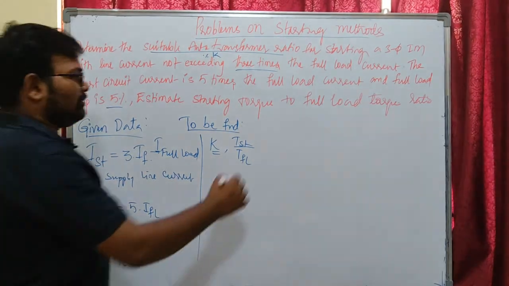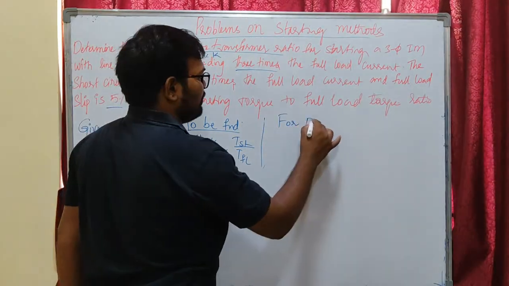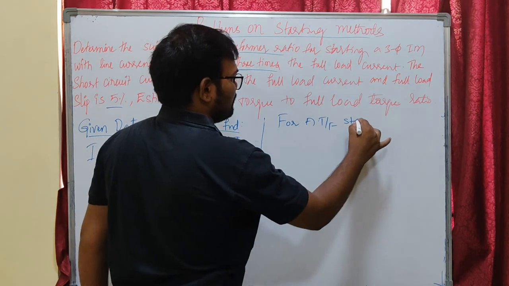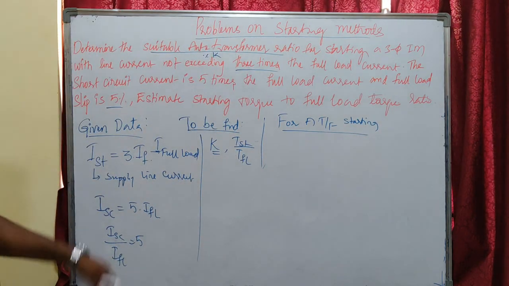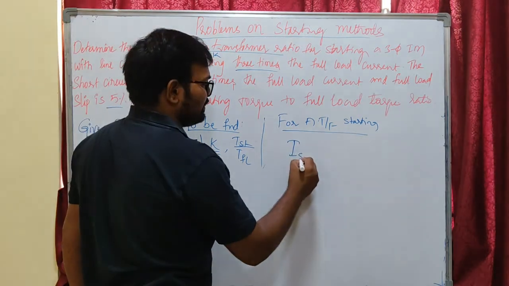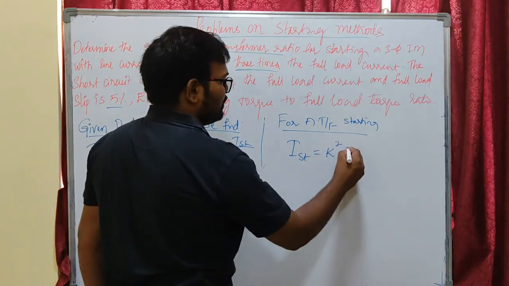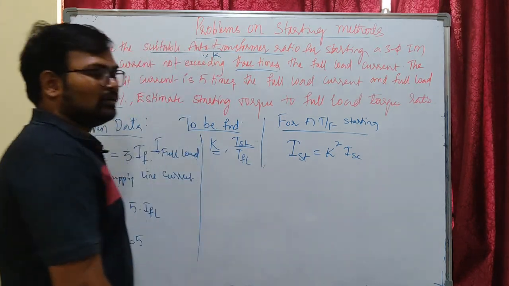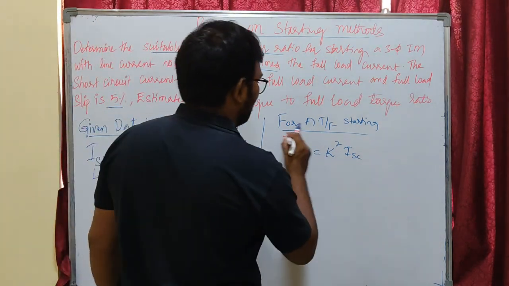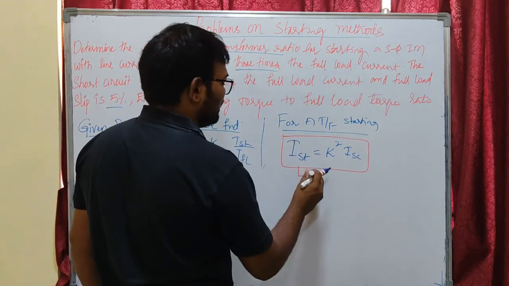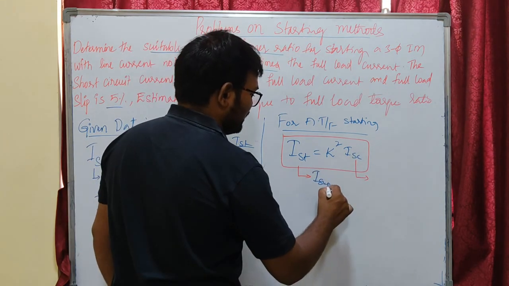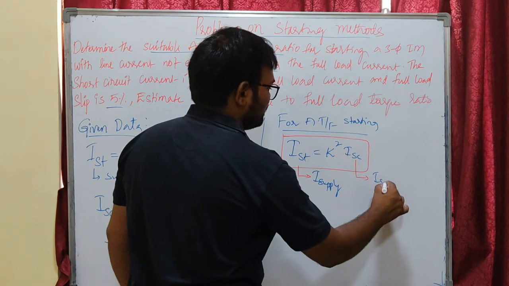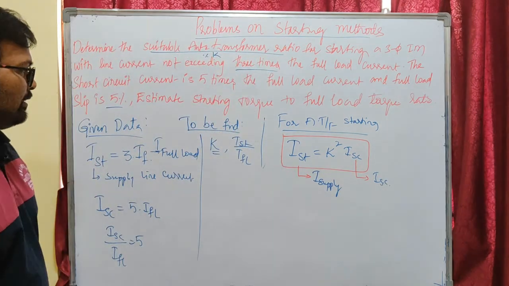So for auto transformer starting, we have a relation between our supply line current and short circuit current: the supply line current, which is nothing but the starting current, equals K square times our short circuit current. Now let us substitute the values.